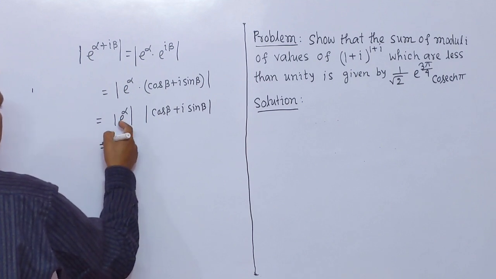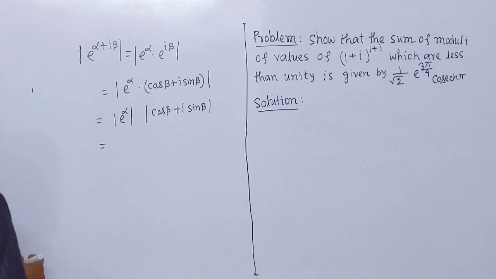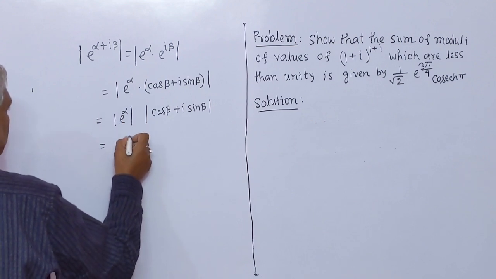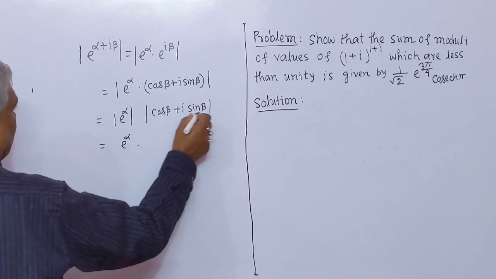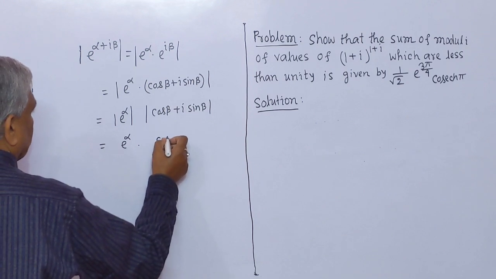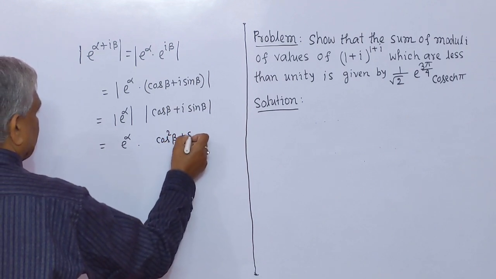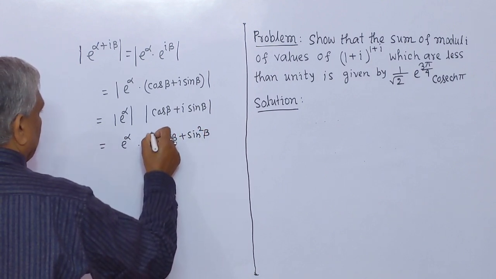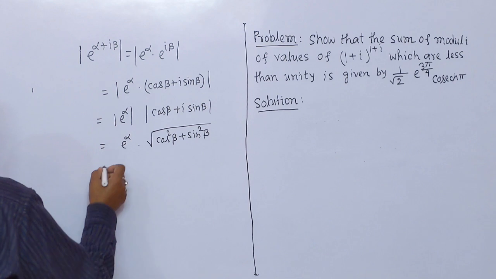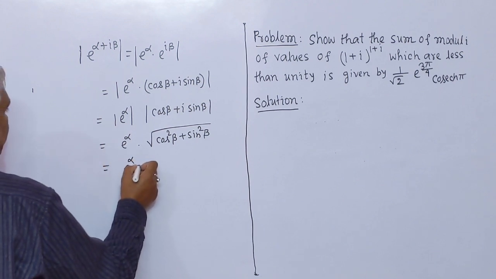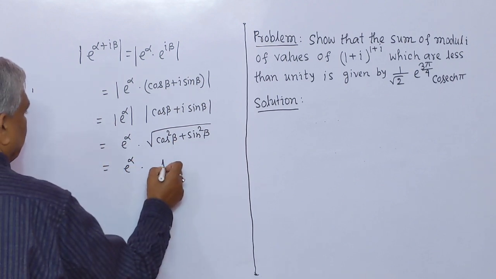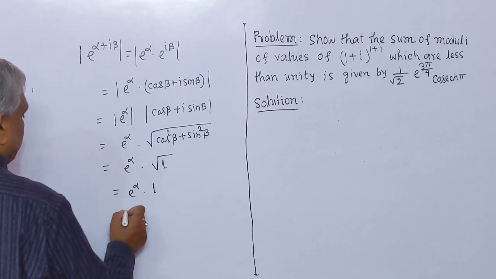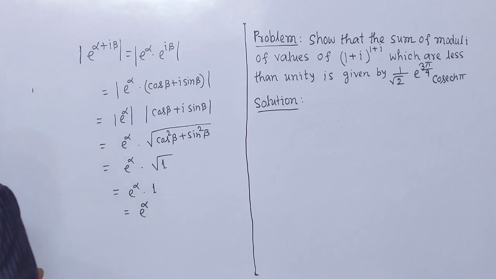Since e to the power alpha is non-negative, this is e to the power alpha multiplied by square root of cos square beta plus sin square beta, which is e to the power alpha multiplied by 1.